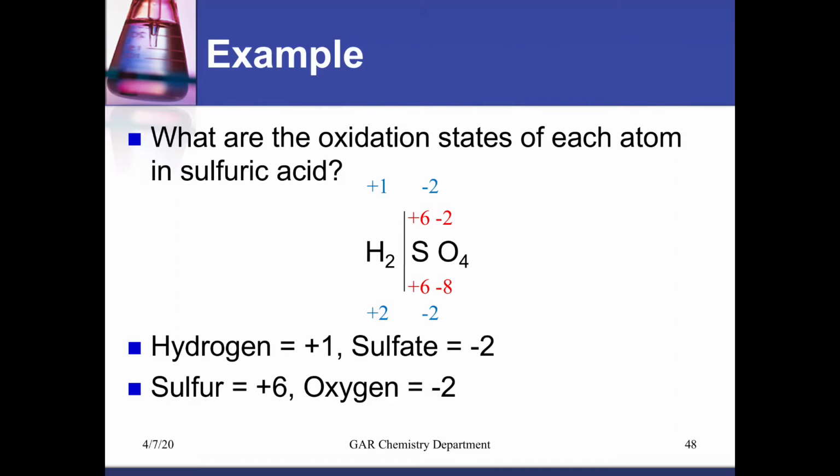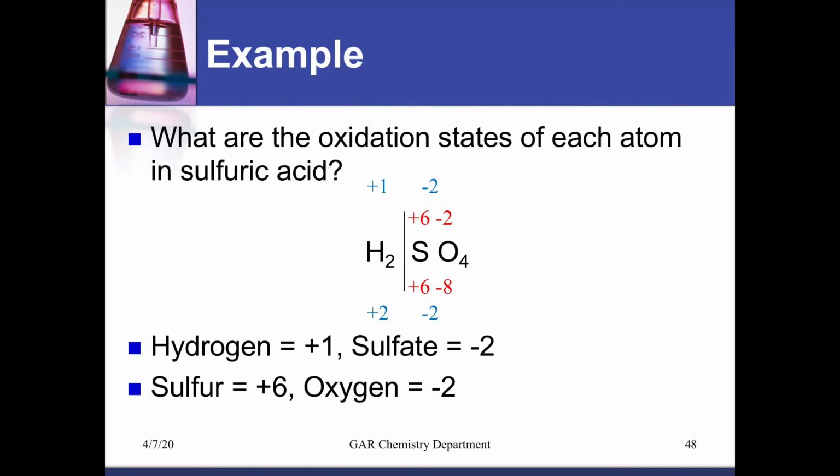Now, if there were more than 1 atom of sulfur, we could take that +6 and divide it by however many atoms there were. But in this case, +6, and we're done. Now, for hydrogen, we do have a rule that says hydrogen is almost always +1, which it is in this compound. But we can also figure out the oxidation state of hydrogen from sulfate. Since sulfate is -2, the hydrogen has to balance it out.